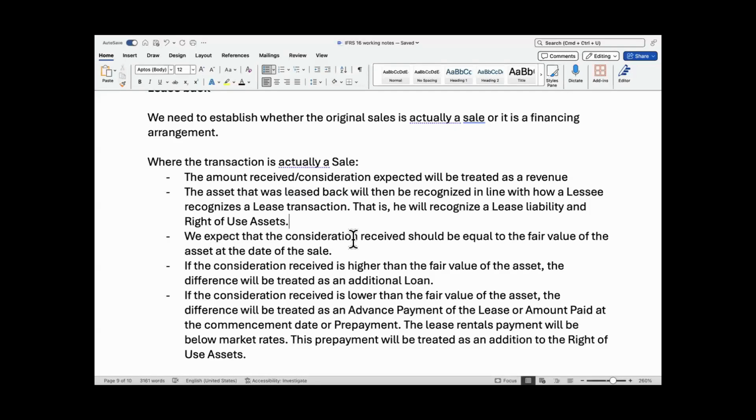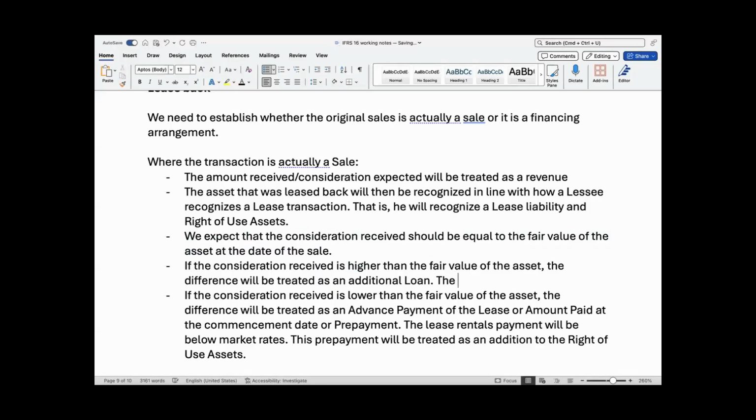Now, we need to check whether the consideration you received in this transaction is equal to the fair value. So this is where we want to cover loopholes, where consideration received is not equal to fair value. We want to use this to cover all possible loopholes they might want to explore in this type of transaction. So first we check: if the money you received from the sale is higher than the fair value, we treat the difference as an additional loan.